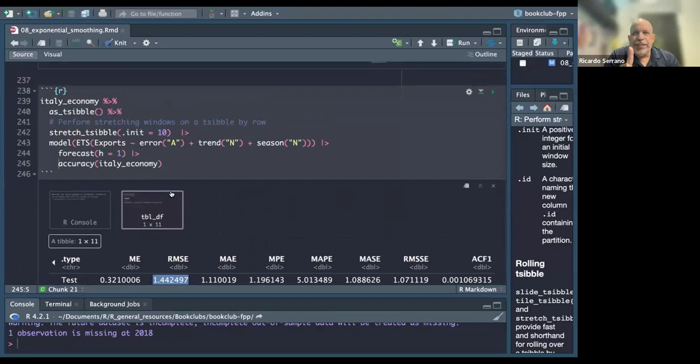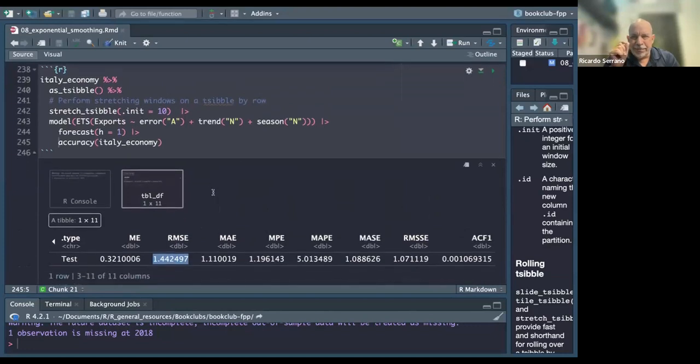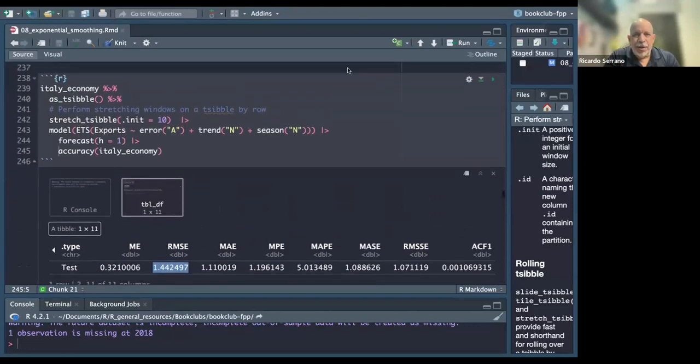I'll show you a simpler method to get that number. There was a slight difference. But there's a way that you can do it a little bit faster. Do you want me to show you? Yeah.